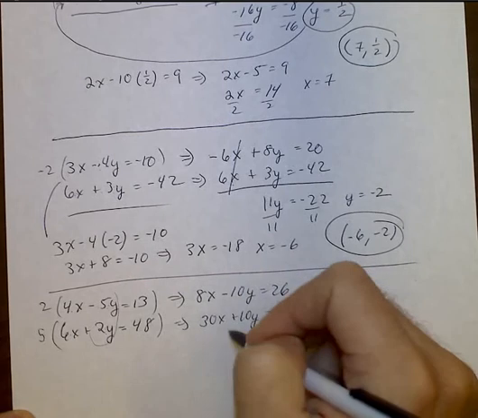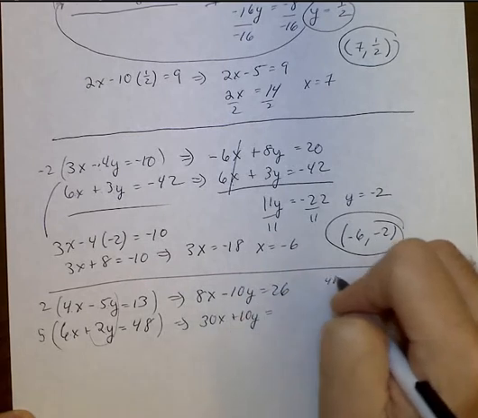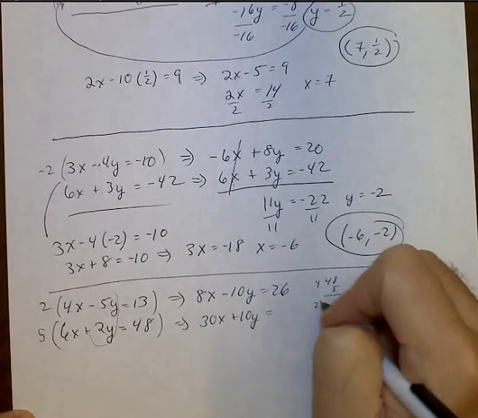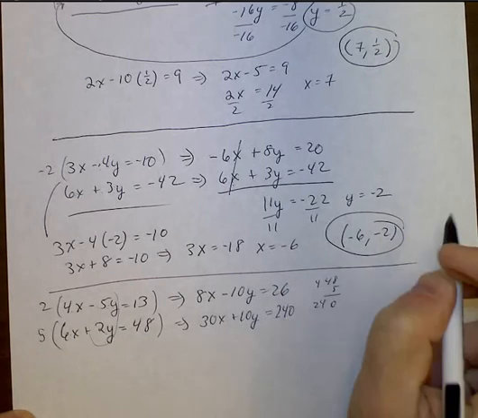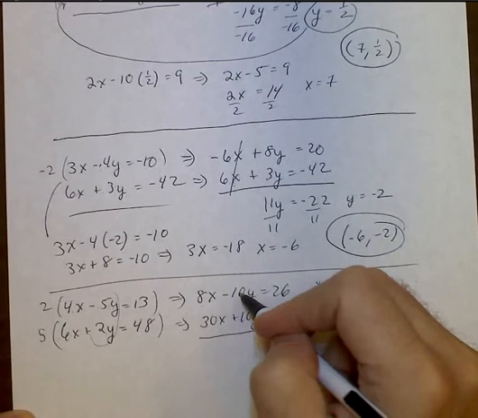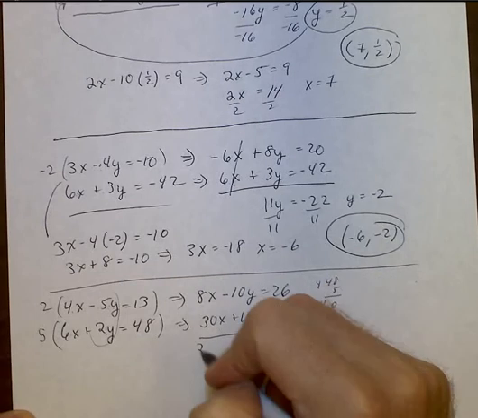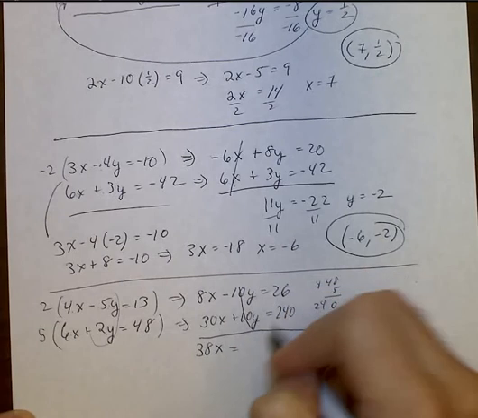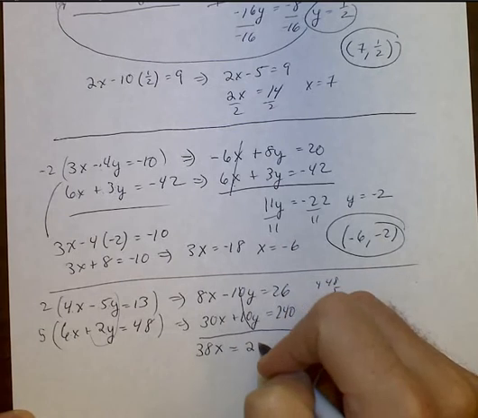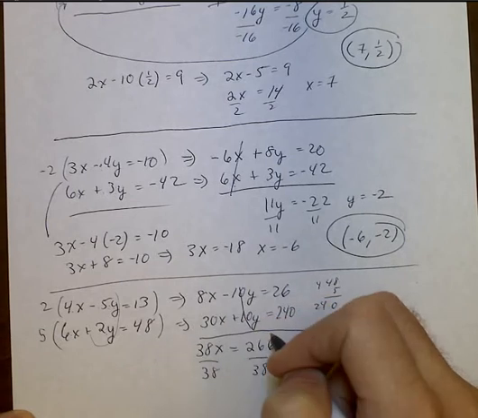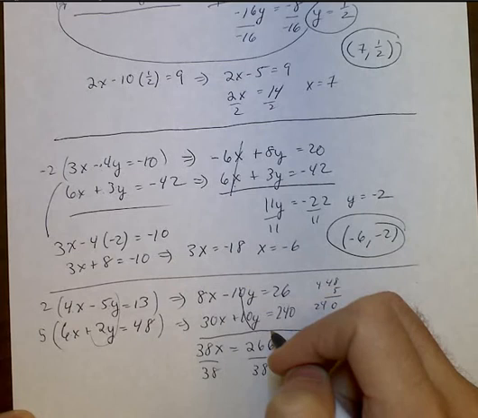I don't have a calculator here. 48 times 5, okay, that's 240. So now I have my two equations, and my y's are going to cancel out. I add my x's, 38x, and the y's go away. 38x equals 240 plus 26, which is 266. I divide both sides by 38. These are big numbers.